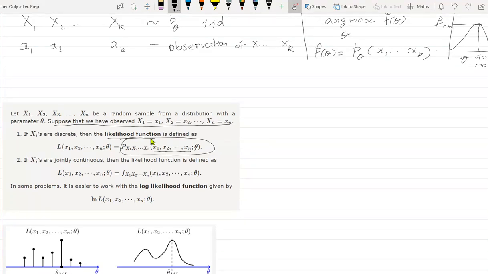There is some unknown parameter theta, and you have observed something, and the likelihood of that observation under the parameter theta is the likelihood function. For example, in machine learning, this theta would be the parameters or weights of your model.